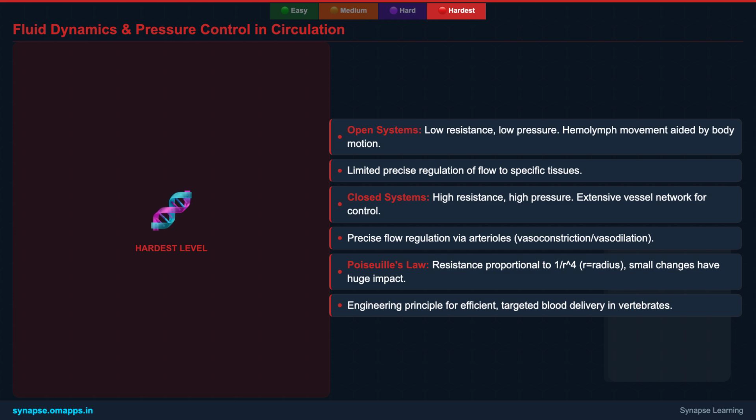This means even a small change in arteriole diameter can dramatically alter blood flow and pressure, enabling sophisticated physiological control, a key engineering principle underlying the efficiency of vertebrate circulation. This precise control is fundamental to maintaining homeostasis and supporting complex physiological processes.